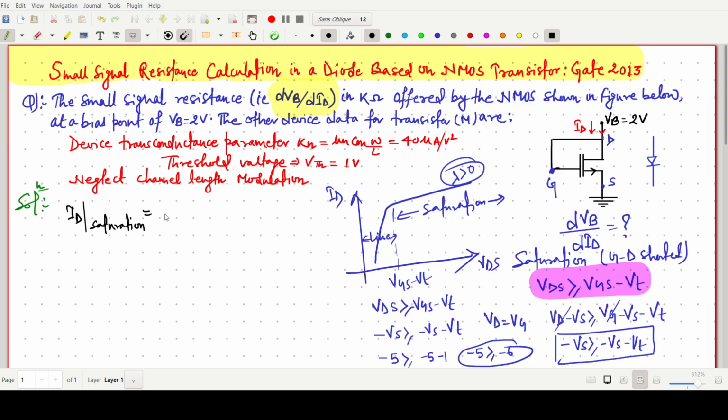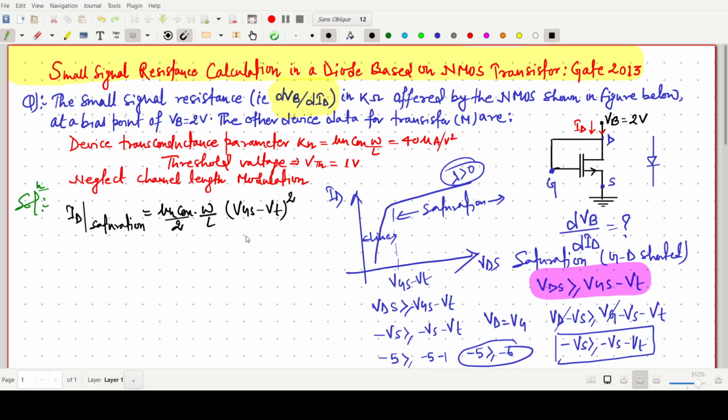ID equals, as we know, mu n Cox W by L by 2 into VGS minus VT whole square for the saturation region. In the question it is clear that we need not consider channel length modulation, so we are not writing 1 plus lambda VDS. If we write this equation, now it is very easy.